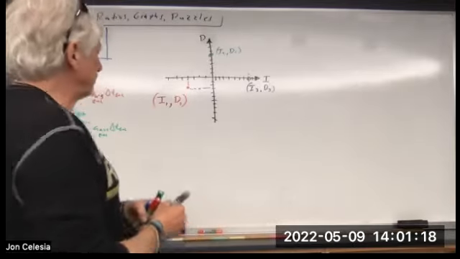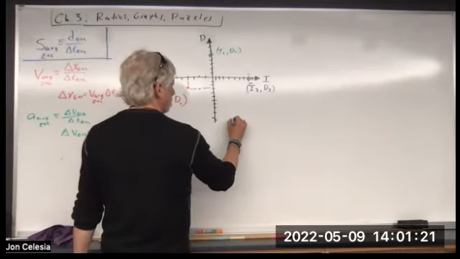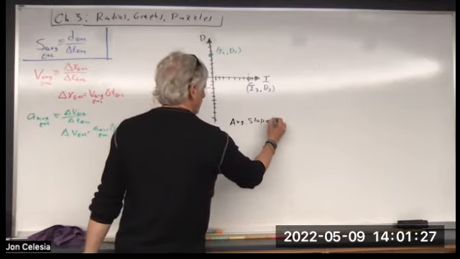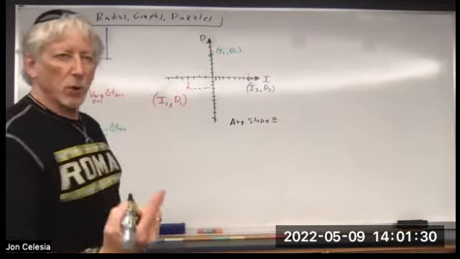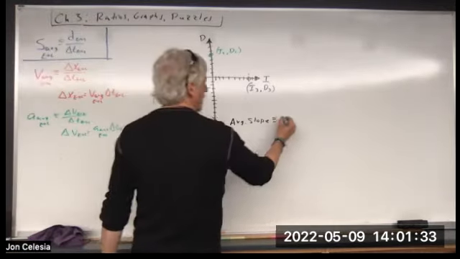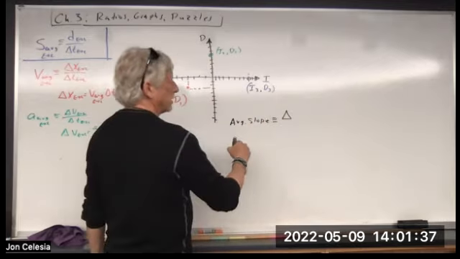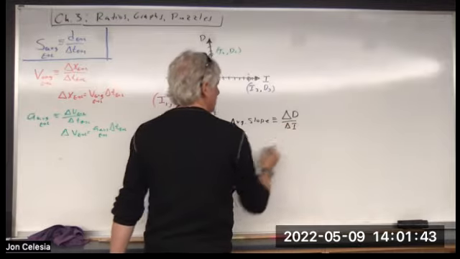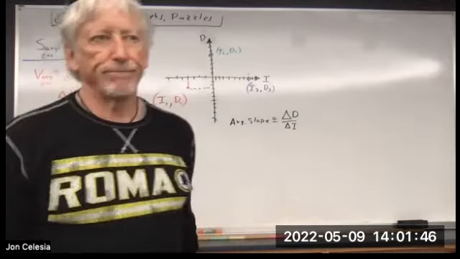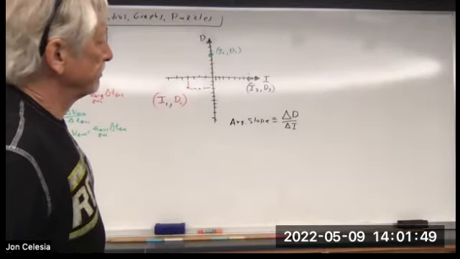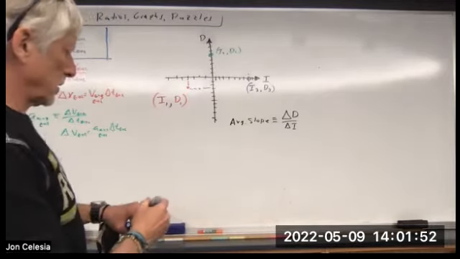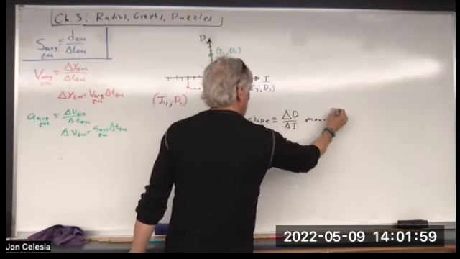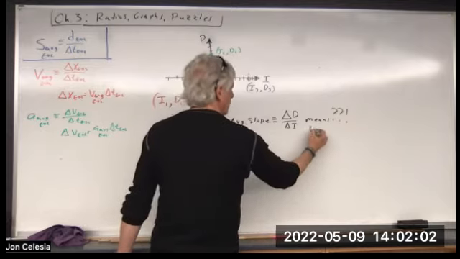Average slope between any 2 points is going to be the change, in this case the rise, change in D over the change in I. And what it means, well, look at the units.